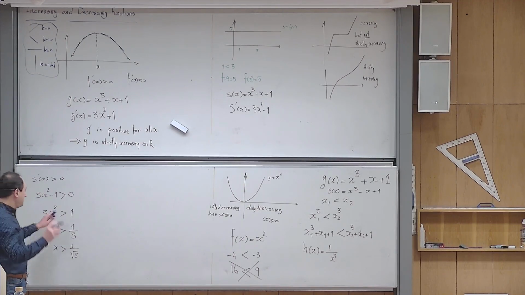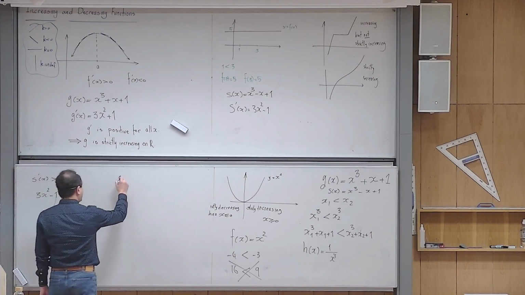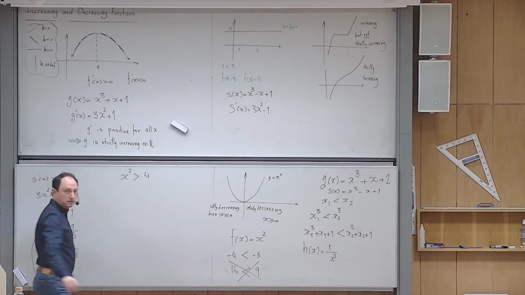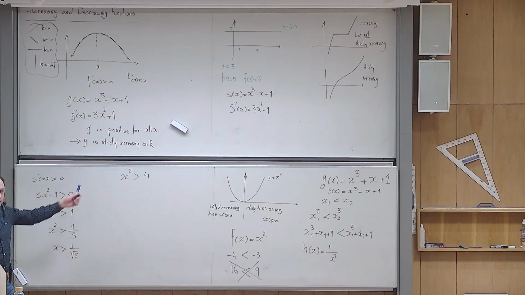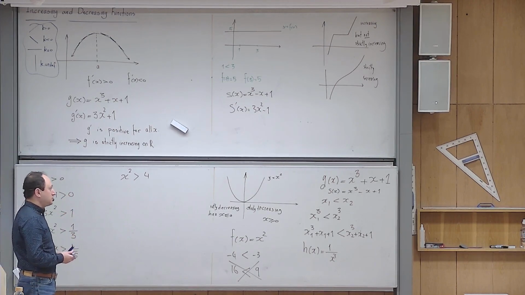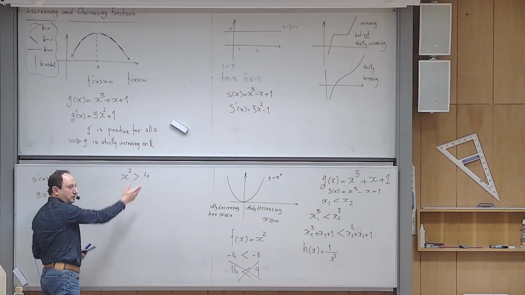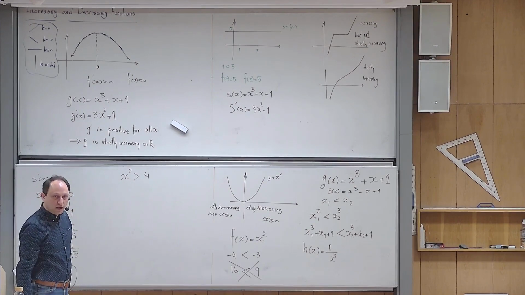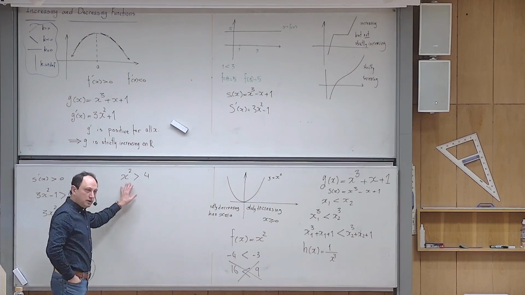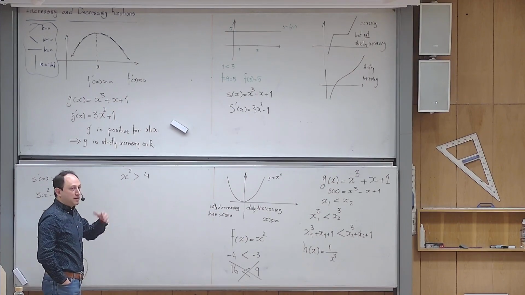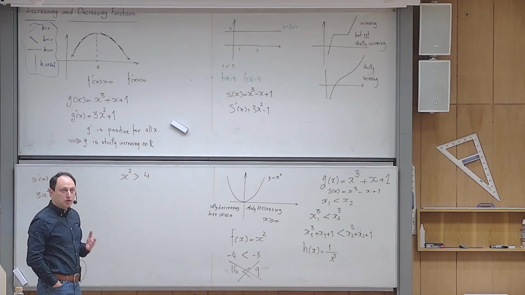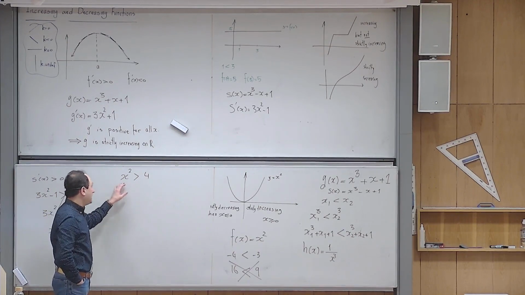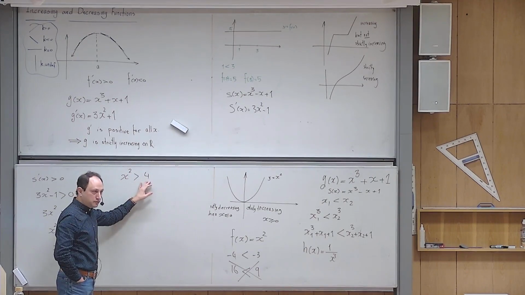Now, let me give you a simple example. If I ask you to solve this, by the way, you should be able to solve this, even though for some reason in the Swedish curriculum you don't study these kinds of inequalities, but it doesn't mean that it's hard. If I ask you to solve this inequality, I am asking for finding all possible values for x so that x squared becomes greater than 4.